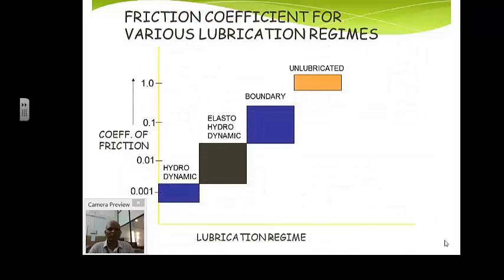The variation of friction coefficient for various lubrication regimes: the extreme case is hydrodynamic lubrication, the other extreme is unlubricated surface where the friction coefficient is very high, many times it is more than 1, and one can see in hydrodynamic lubrication it is 1 in 1000. The coefficient of friction is very low.